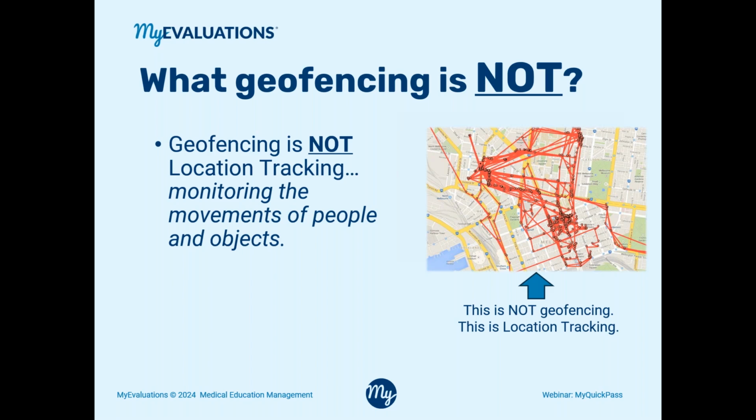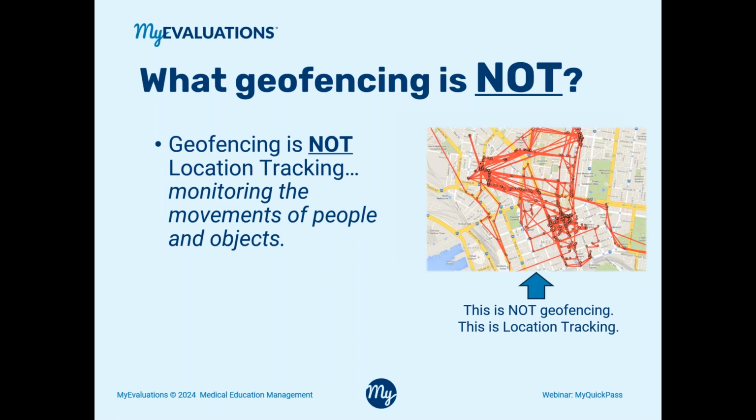So this is also really important for you to understand as you are discussing this. What we heard over the 2 years of our development is, does this mean that MyQuickPass is going to monitor all my movements and it knows where I've been? Not at all. MyQuickPass is only monitoring a geofence location.